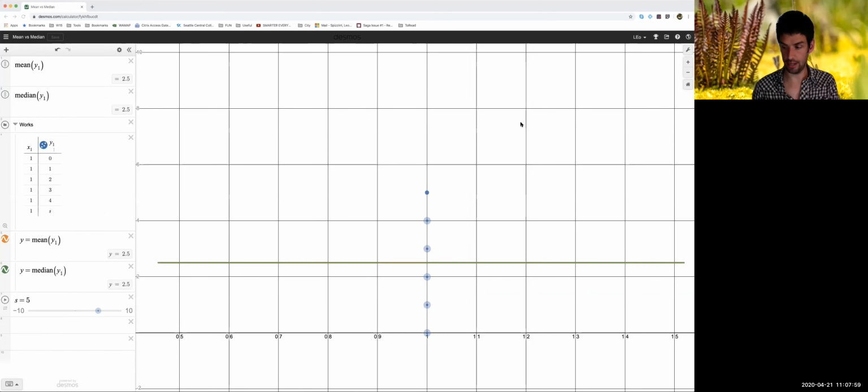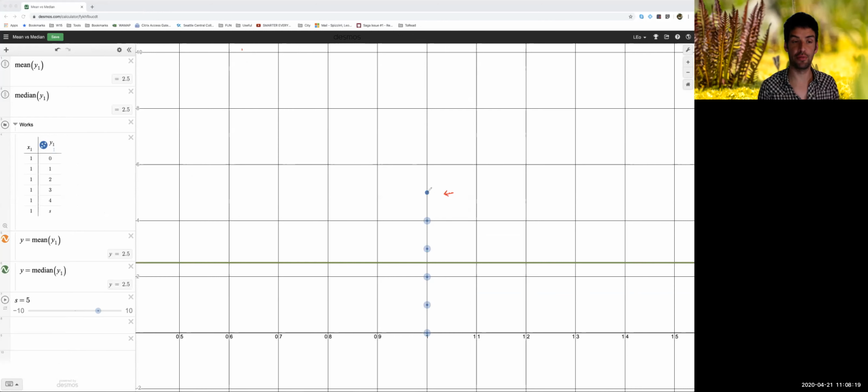So let's start with a little graphical demonstration of one of the differences between the mean, the median, and the mode. So I'm sharing a little graph with you, and let me explain it, and then see if I can get this tablet to work correctly and annotate this a little bit. So I've got a little graph here, and these blue dots are my data points.